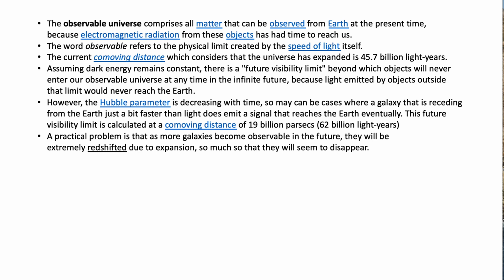And if they started out red, they get shifted even more in the direction of red as opposed to blue. And if they get shifted enough, we just will never see them. They become undetectable. These most distant galaxies just wink out of existence. They are at the edge of the currently observable universe.